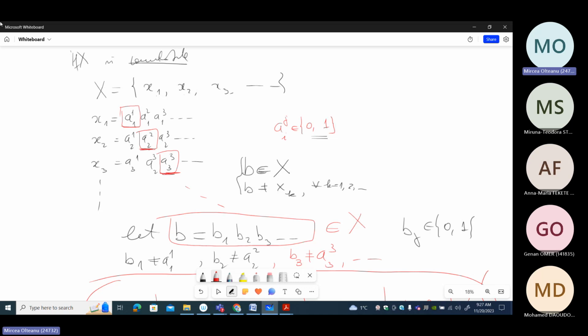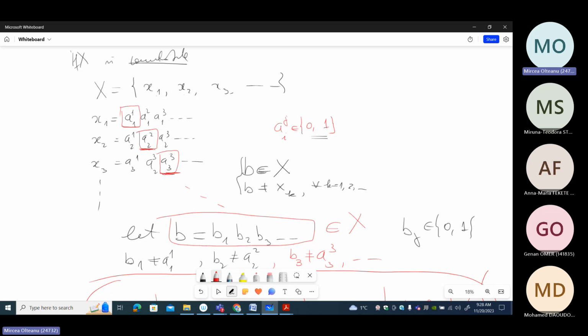So you must know, first of all, the definitions: what it means an infinite set, what it means countable, what it means uncountable, to recognize a countable set. Somehow you can make a one-to-one correspondence with a countable set.